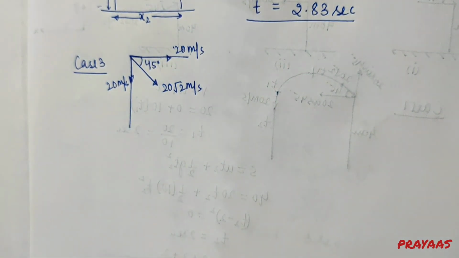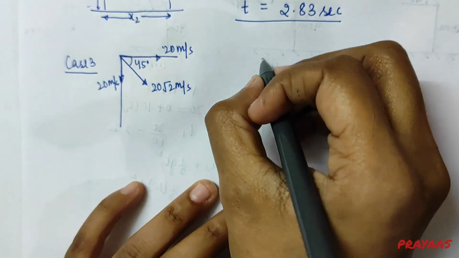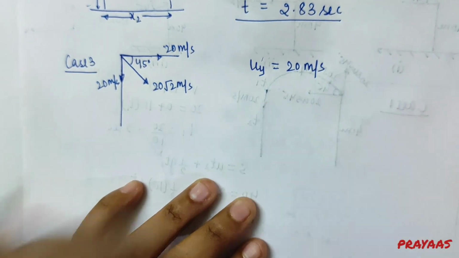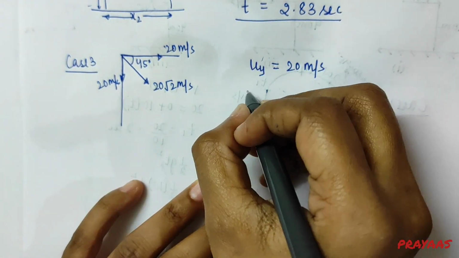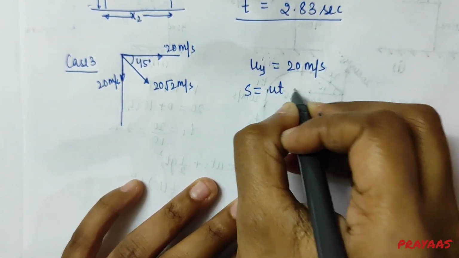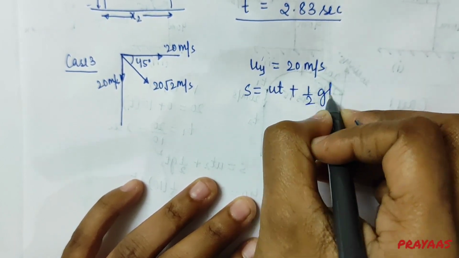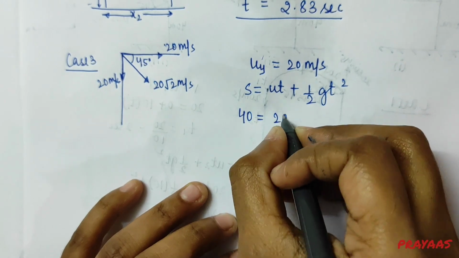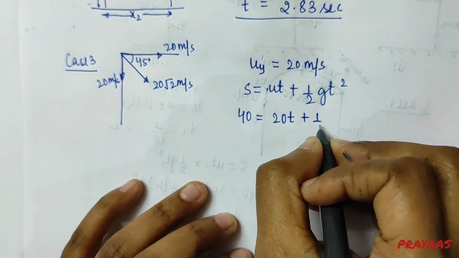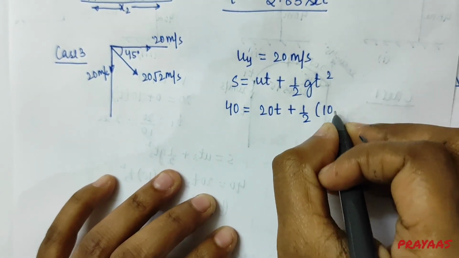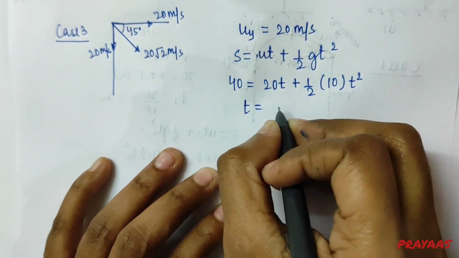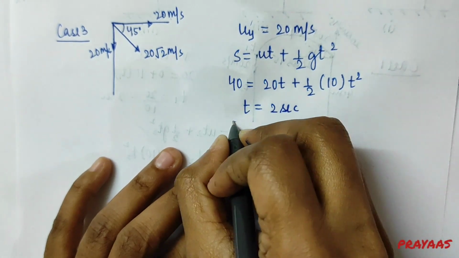For calculating the time of flight, the initial velocity in y direction will be 20 meter per second. I am going to apply the second equation of motion, S equals ut plus half gt square. S is 40, u is 20, t is the time of flight, plus half, g is 10, t square. So the time of flight will be 2 seconds on solving.